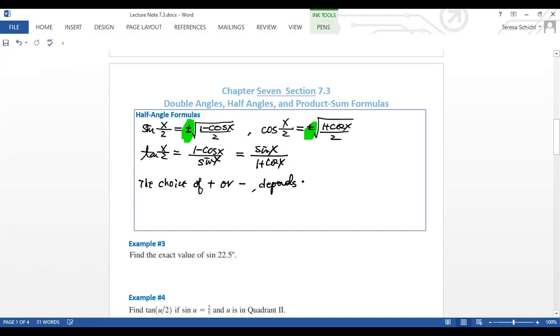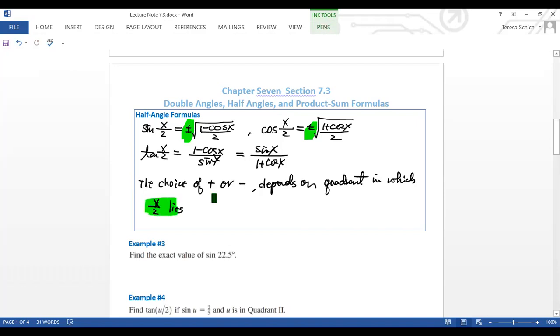It depends on the quadrant in which x over 2 lies, right? So you need to know where x over 2 is.